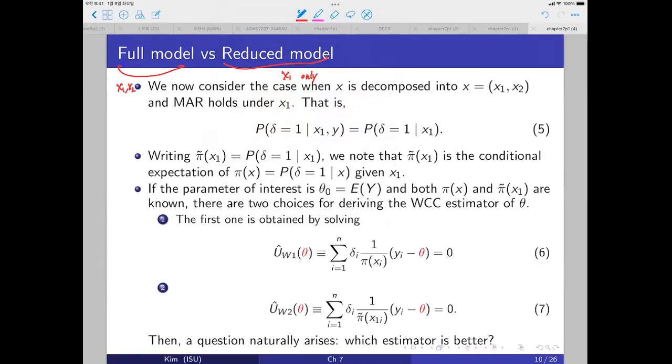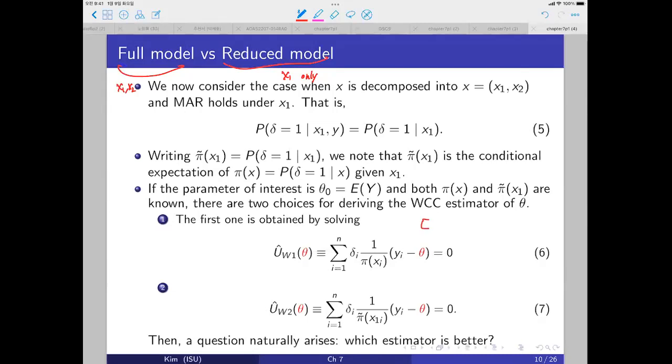And then in this situation, if you are interested in estimating the population mean of y, we have two choices of the IPW estimator. One is using the original pi, the other one is using pi tilde as the inverse weight. First of all, both of them are unbiased. I'm going to show you this.